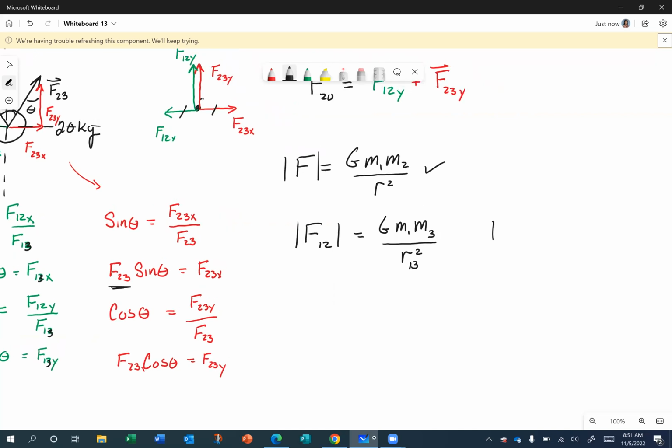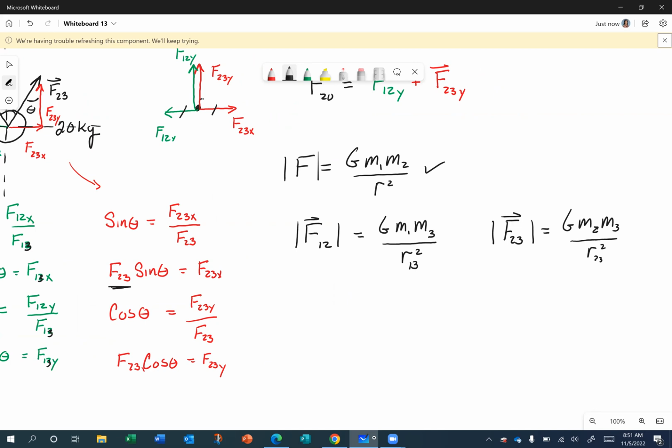Right, the magnitude of force 2,3 is going to equal G mass 2, mass 3 and the distance between 2,3 squared.